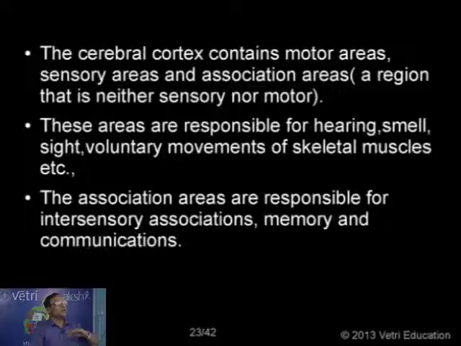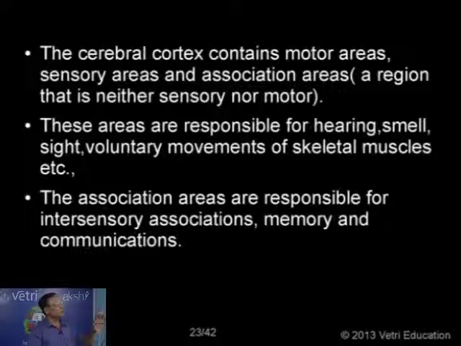Now, the outer cerebral cortex contains a number of areas, called the functional areas. We have mainly sensory areas, motor areas, and association areas. The association areas are considered neither sensory nor motor, but are found in association with either the sensory areas or the motor areas.